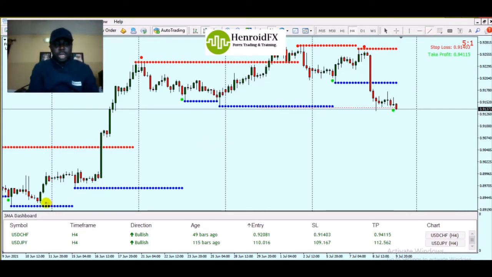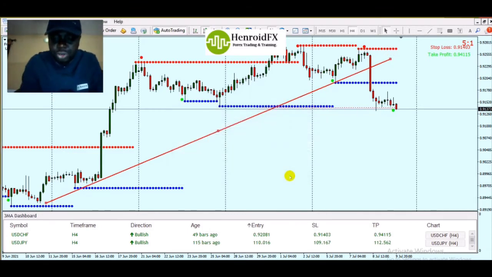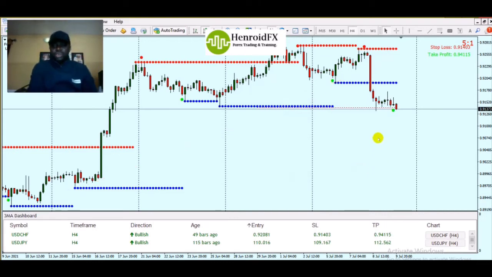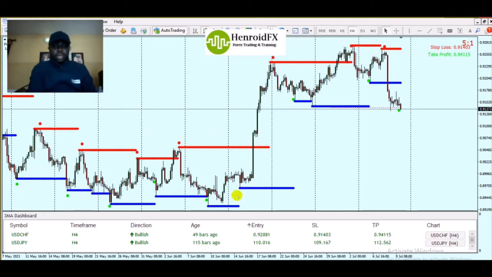However, if you also see, you will discover that it is currently retracing, and if you look to your left, you would see it came up as if it was resuming an uptrend, and that is where it stands at this point.